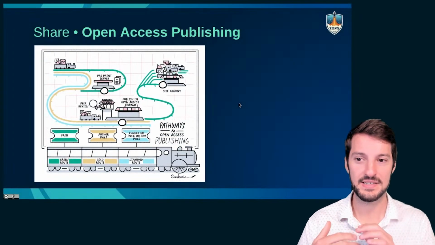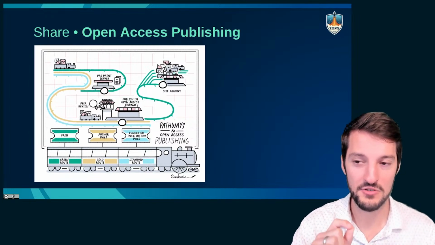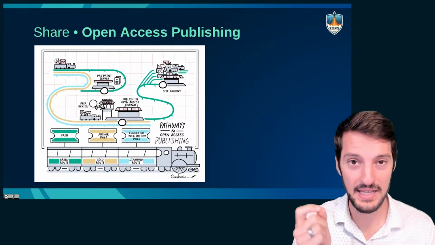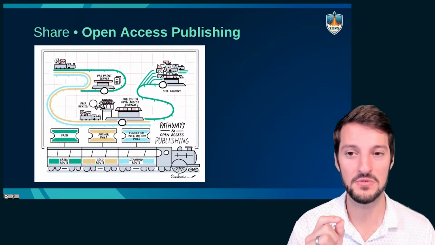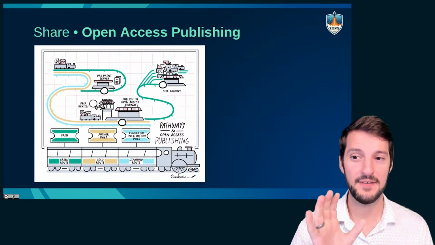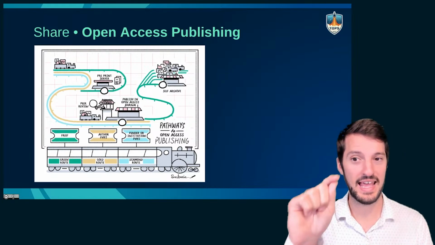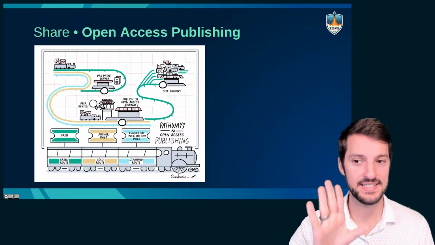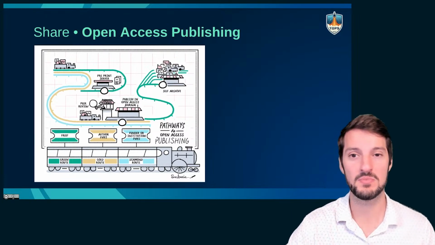Publishing open access, as I've shared earlier, means that when you publish your article, that publisher is not going to charge anyone else for access to that article. And this is a phenomenal thing. This helps with our FAIR principles. Remember that the A stands for accessibility. And if there is a paywall, it is not accessible, or it is less accessible. And we can do a much better job.